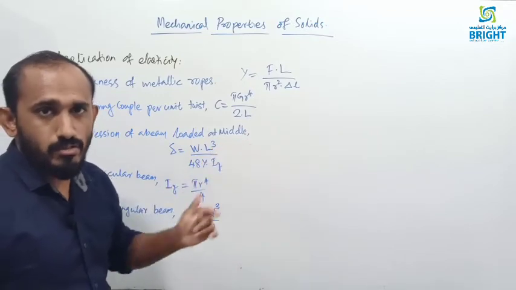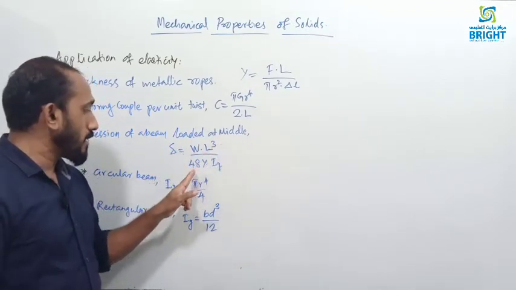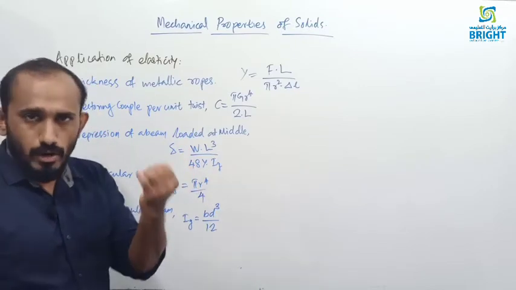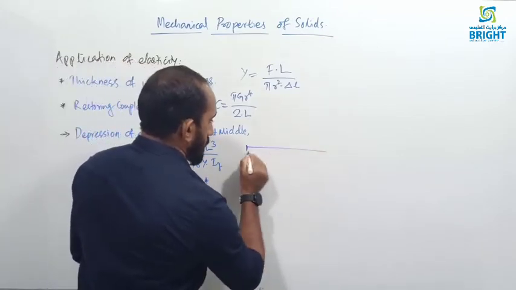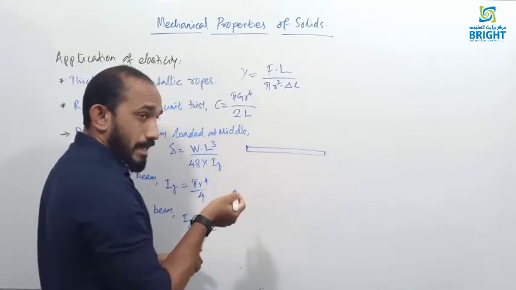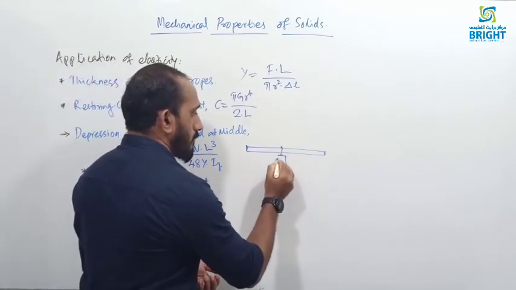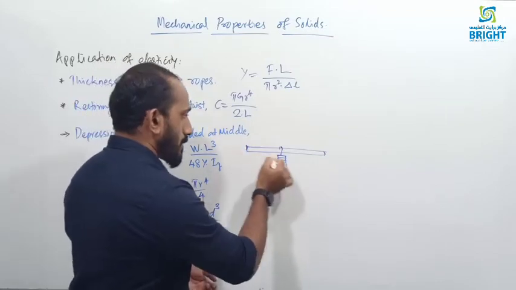Before I gave the concept, delta is equal to WL cube by 48 Y into IG. This W is the weight or the load kept at the middle of the beam. Suppose a beam is there. It can be rectangular as well as circular. If you hold a weight here at the middle, then it can be depressed.